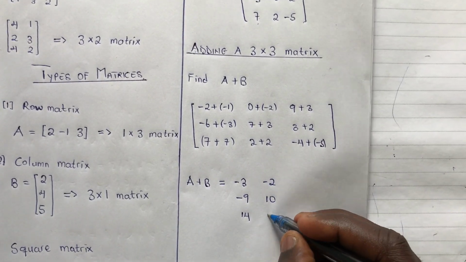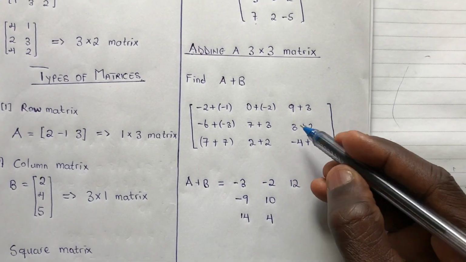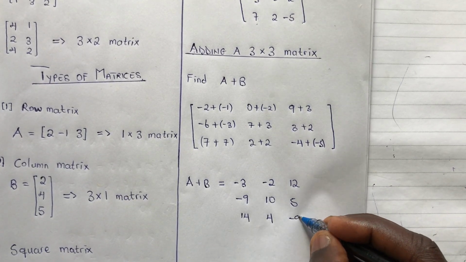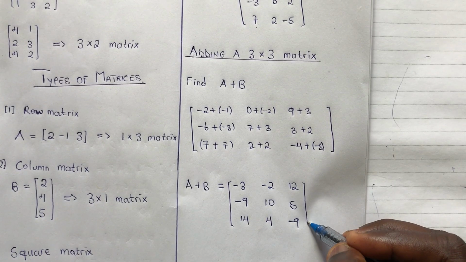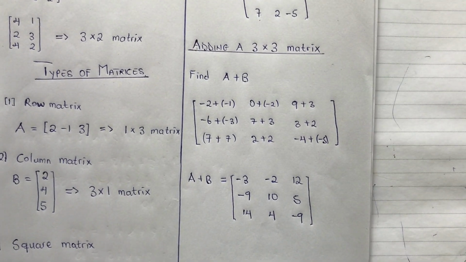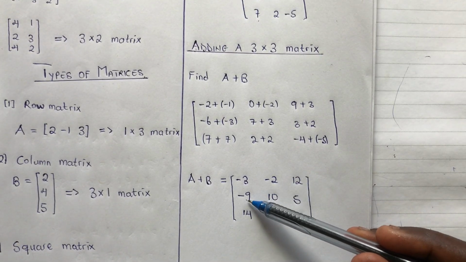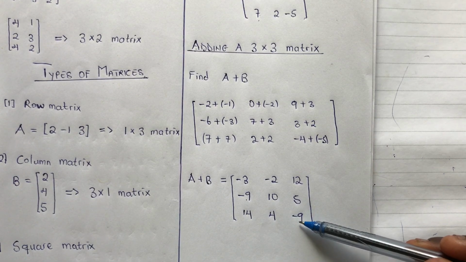And 2 plus 2 is giving us 4. This plus this is giving us 12. This plus this, we have 5. And then this plus this, we are getting minus 9. So this is it. So the result is negative 3, negative 2, 12, minus 9, 10, 5, 14, 4, and negative 9.